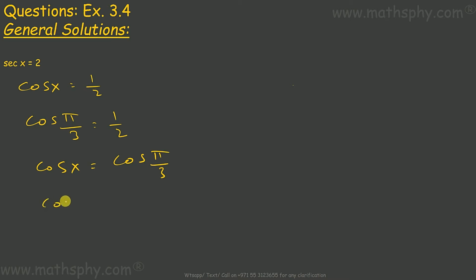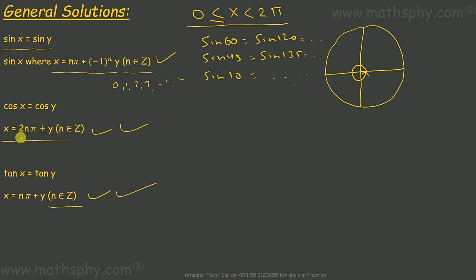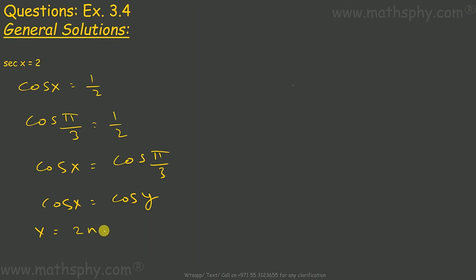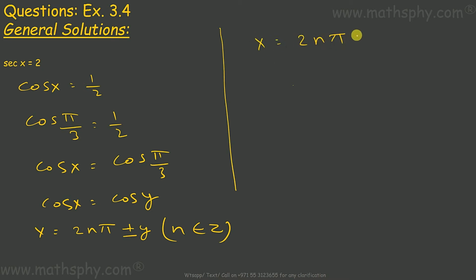We know that cos x equals cos y when x equals 2 n pi plus or minus y, n an integer. So x will be 2 n pi plus or minus pi over 3, where n is an integer. That's the general solution for sec x equals 2.